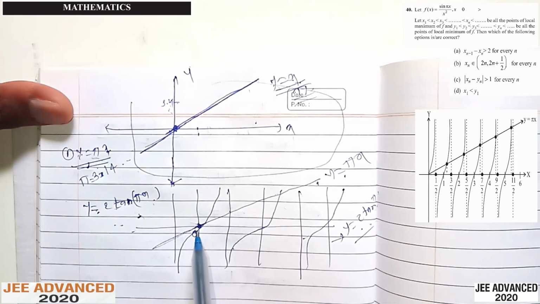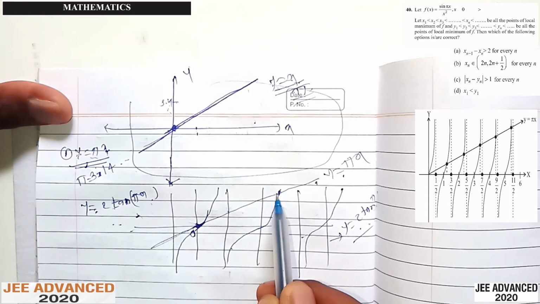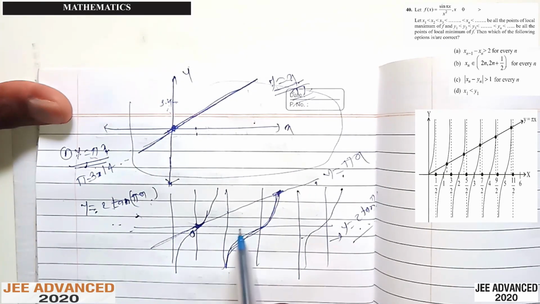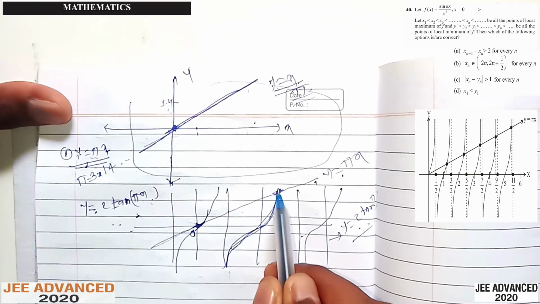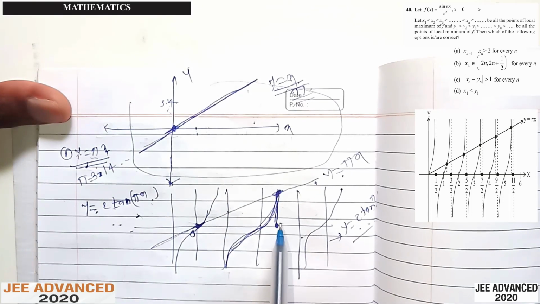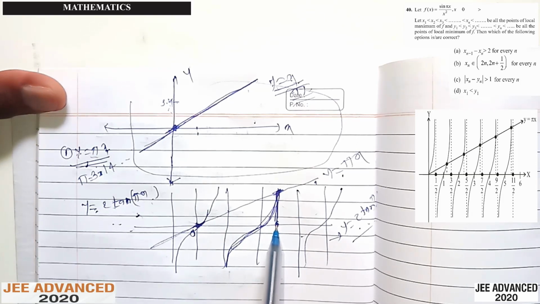The second collision point you will get between y equal to pi x and tan pi x, this is the graph of tan pi x. This is the first collision point, the first solution of our trigonometric function, where 2 tan pi x equals pi x.